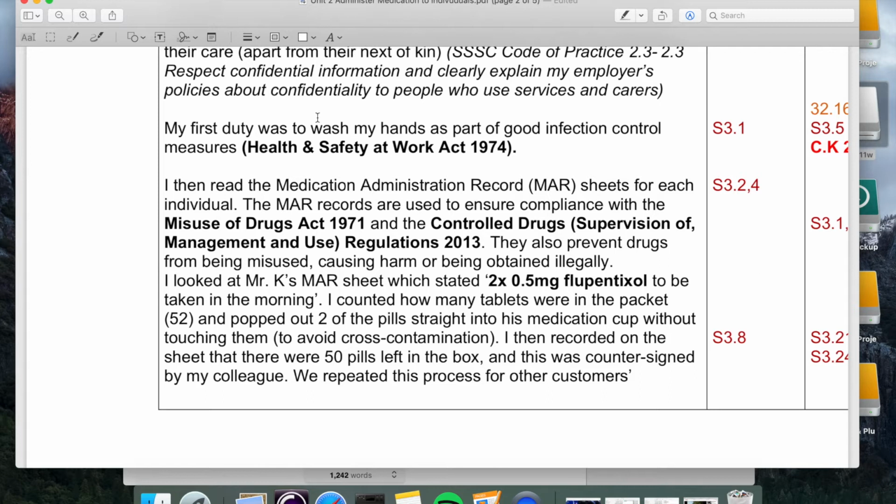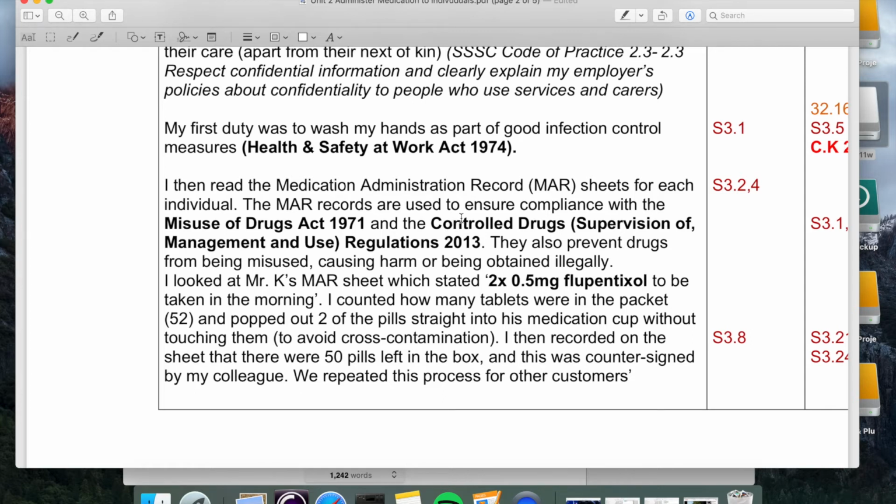My first duty was to wash my hands as a part of good infection control measures, reference Health and Safety at Work Act 1974. I then read the medication administration records MAR sheet for each individual. The MAR sheet's records are used to ensure compliance with the Misuse of Drugs Act 1971 and the Controlled Drugs Supervision of Management and Use Regulation 2013.